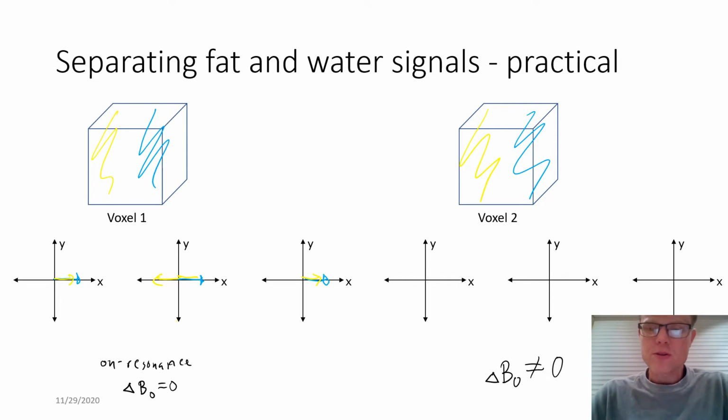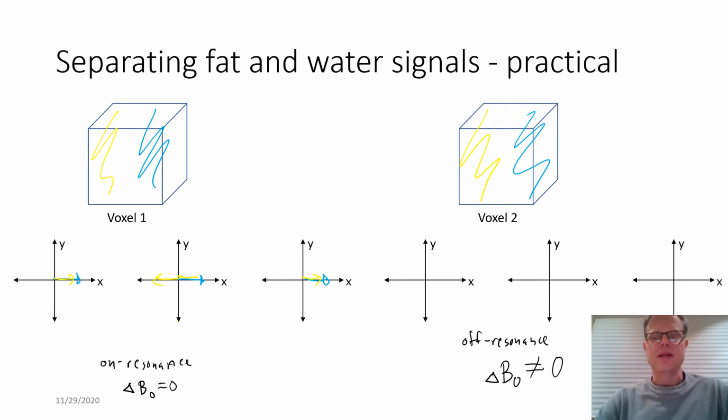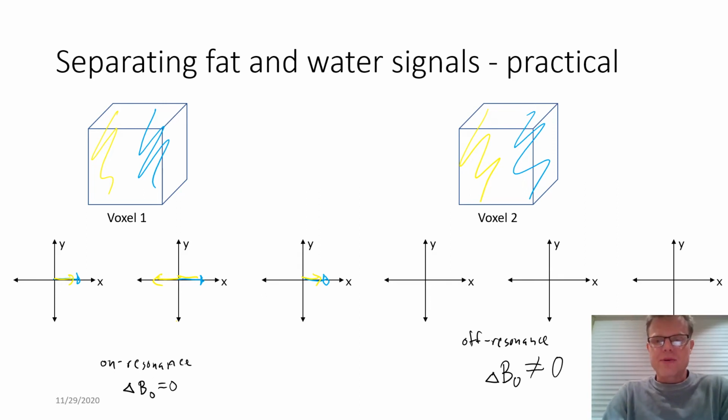But suppose we have an off-resonance voxel where the main magnetic field is not perfect, or we have some magnetic susceptibility, such as an air-tissue interface. What could happen in this voxel is that now even our water, which would nominally be aligned along the x-axis, is actually going to rotate as well.